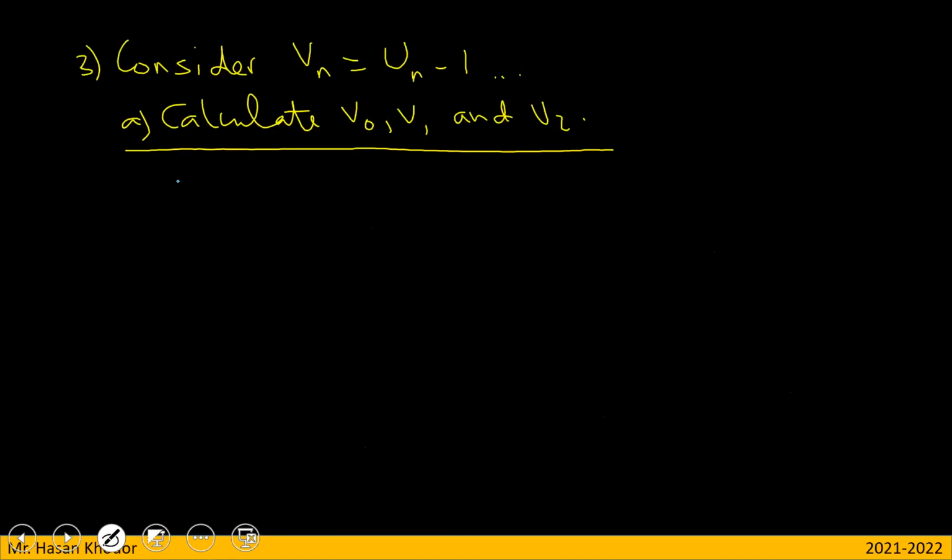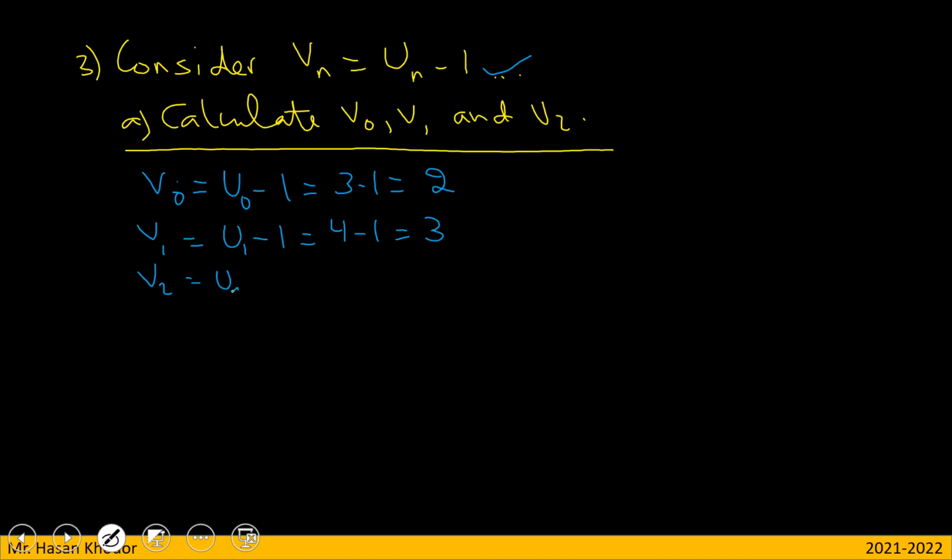Now, let's calculate v0. As mentioned here, v0 is equal to u0 minus 1. That is 3 minus 1, which is equal to 2. The same thing we do for v1, which is u1 minus 1, which is 4 minus 1, 3. And finally, v2 is u2 minus 1, that is 10 minus 1, which is 9. What's wrong here?